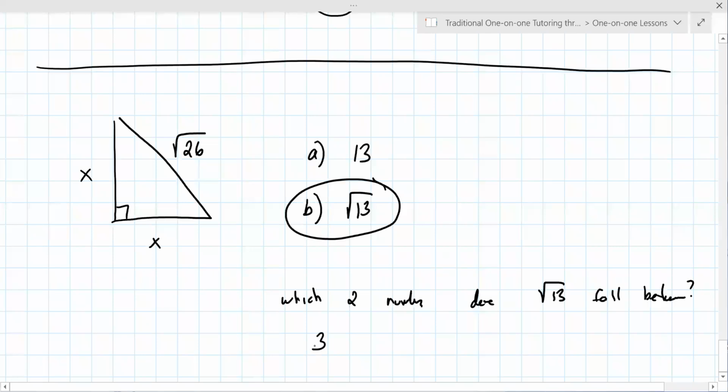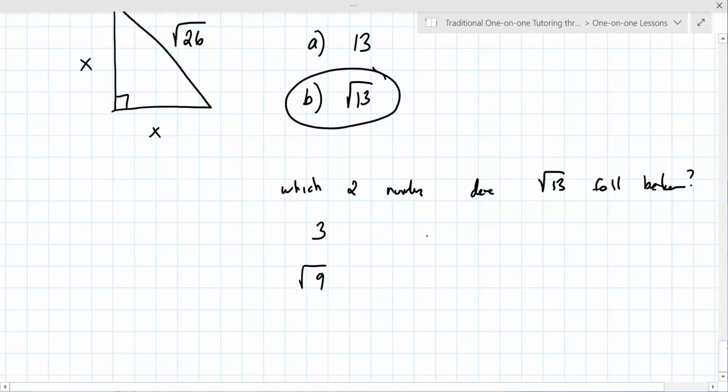Yes, so 3 is the square root of 9, 4 is the square root of 16. And this is how they work around sometimes these problems where you don't have a calculator, they just ask you, well, which is it between?